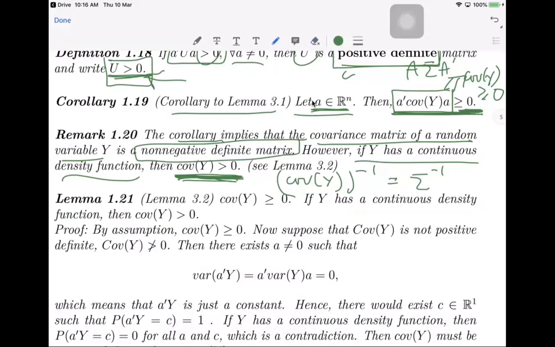And the important thing of being positive definite is that its inverse exists.